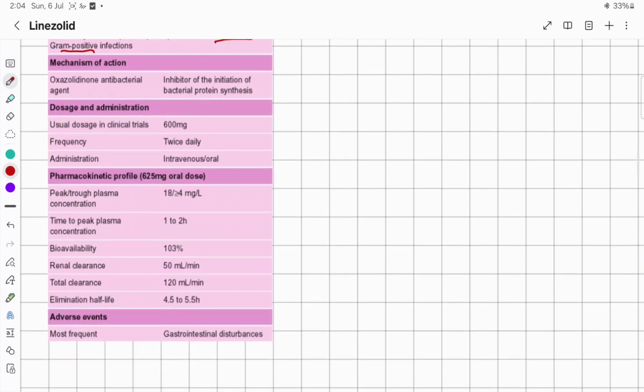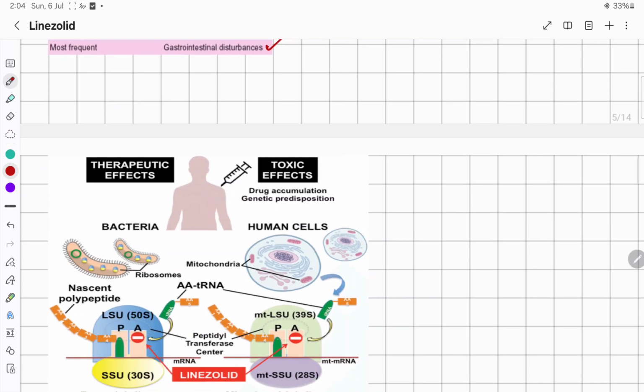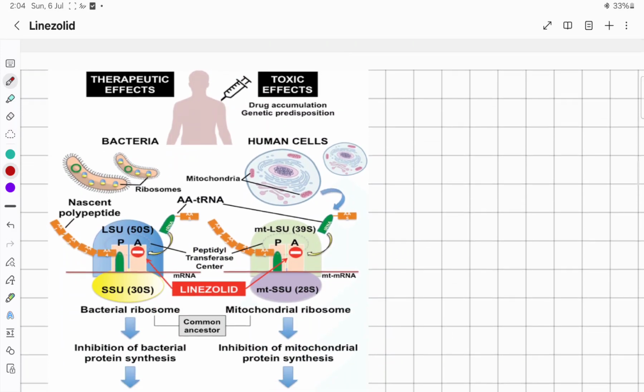The most common adverse event is gastrointestinal disturbances. However, linezolid can also inhibit protein synthesis in the mitochondrial ribosome. So the mitochondrial ribosome of human cells can also be targeted by linezolid.